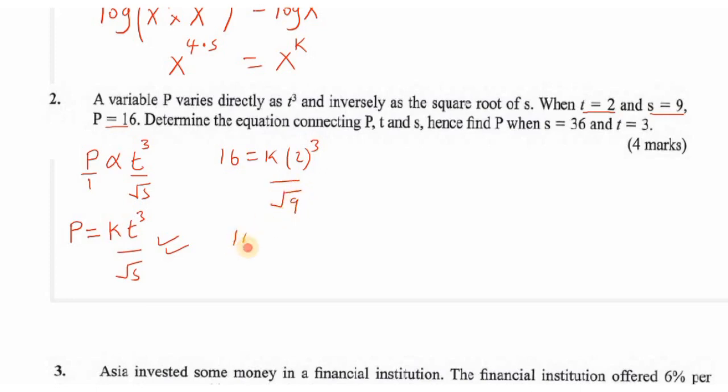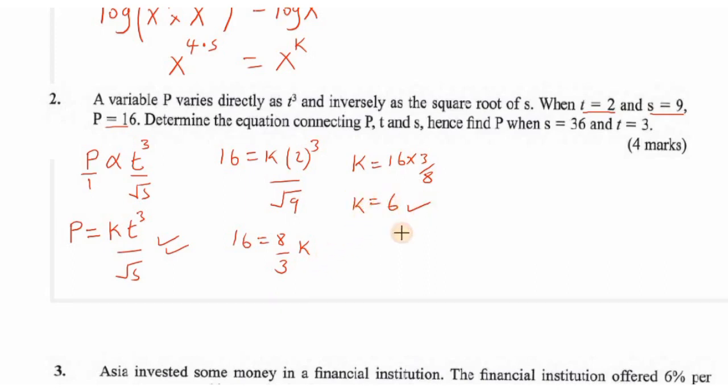So that is 16 is equal to 8 over 3k. So that means that the value of k will be 16 by 3 over 8, and that is 6. So k is 6.